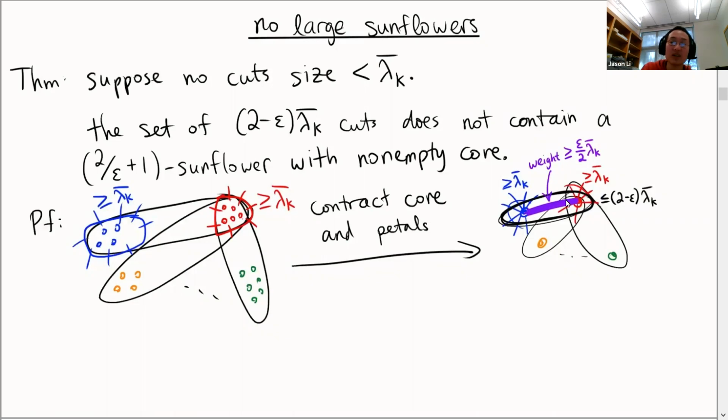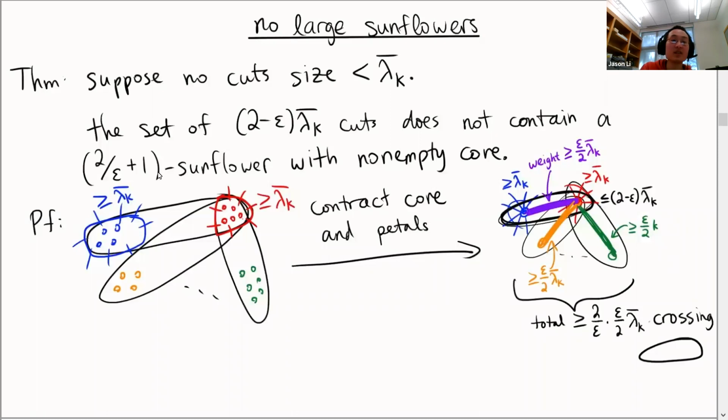We need to remove a lot of edges adjacent to the two vertices in order to ensure that the number of edges going out is at most 1.99 lambda k bar. So now we can repeat the same argument for each of the sets. Each of the petals has at least epsilon over 2 times lambda k bar edges to the core.